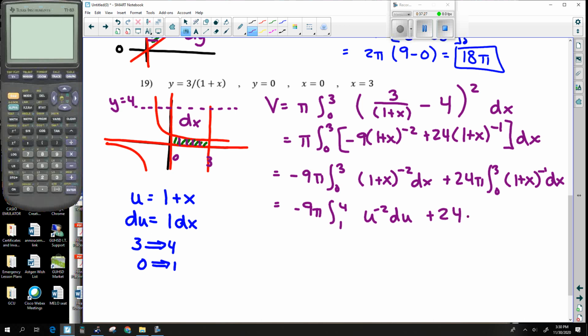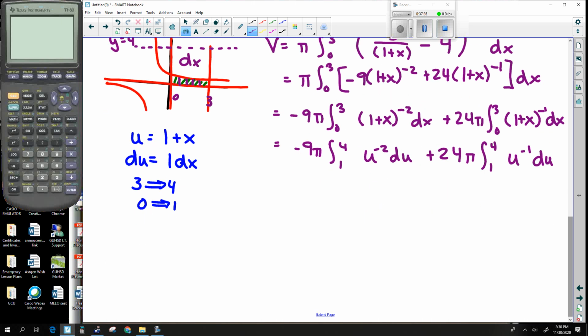Again, this is the same difference. I don't know if I am absolutely on the wrong base here, but this is what I felt comfortable with. So they're both 1 plus x's. These integrate a little bit differently. This goes to -1, so this would be a +9 pi from 1 to 4, and this turns into ln from 1 to 4.